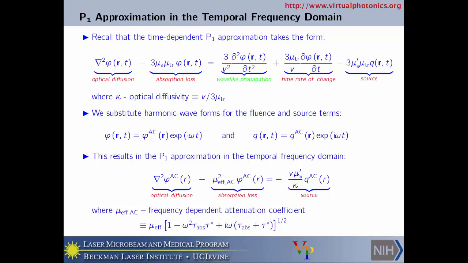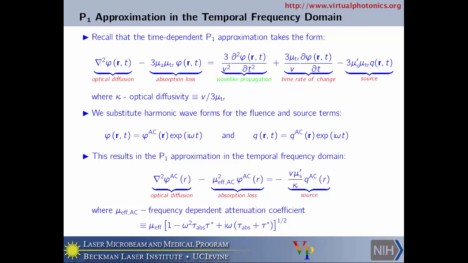In a low absorbing tissue such as breast, a characteristic mu sub A value is about 5 times 10 to the minus 3 per millimeter. If you go through the numbers, that results in an absorption relaxation time on the order of 1 nanosecond. So the time it takes for the average photon to get extinguished in a low absorbing tissue is about 1 nanosecond.